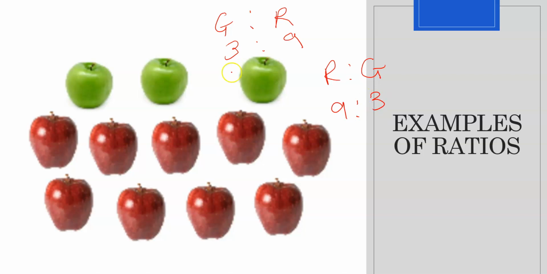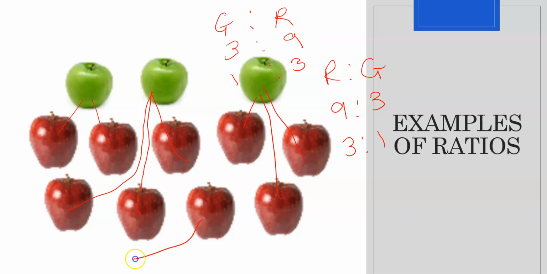Or we can simplify that further to 1 to 3 or 3 to 1. If we just visually look at it, even though I will teach you to do this more mathematically, each green apple has 3. Now I've muddled that up. So to each green apple, there's 3 red ones. So looking at ratios visually is quite helpful.